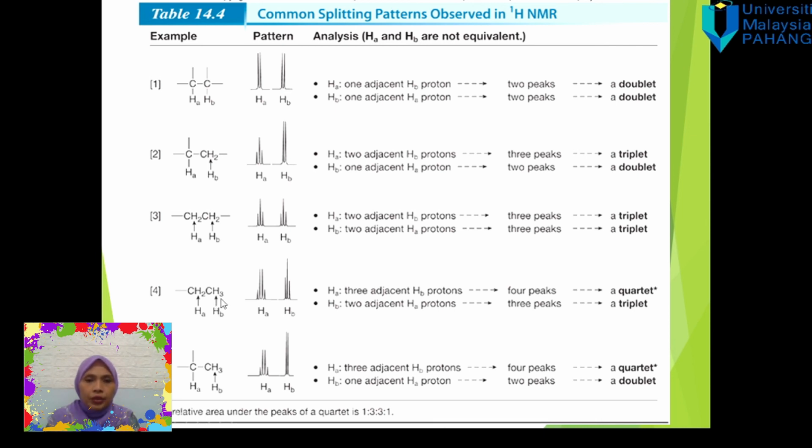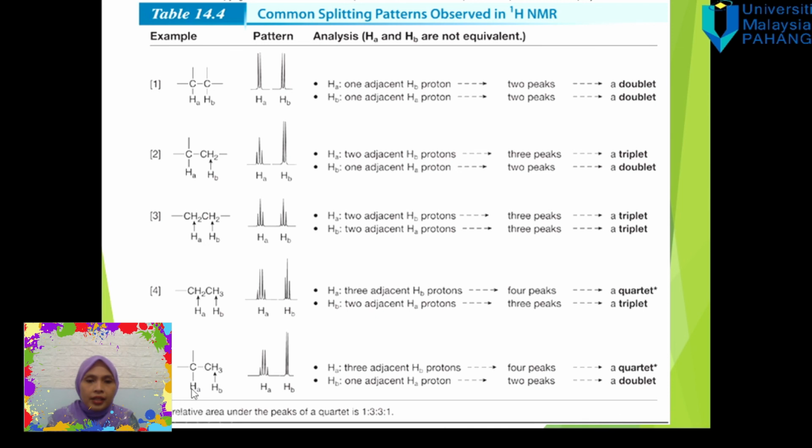Because if you want to determine the splitting pattern for a signal here, we have to see the neighboring protons. We cannot count the proton itself. So bear in mind, for the splitting pattern, always refer to the neighboring protons on the right-hand side and left only, not more than that. If I have different neighboring protons further away, we cannot count them. We can only see right or left.